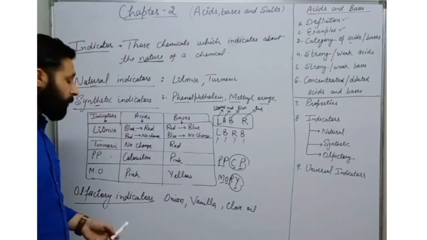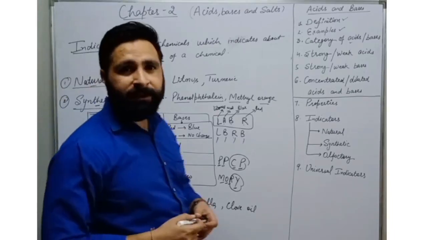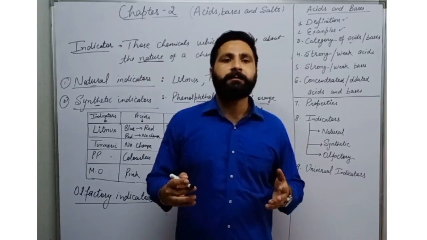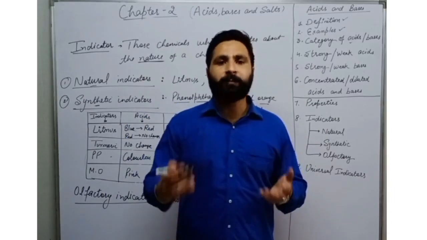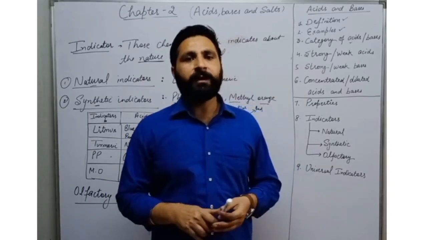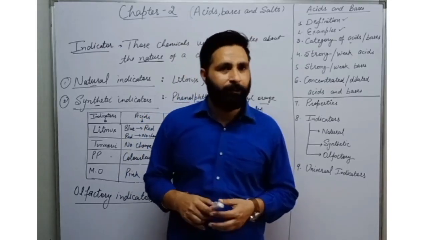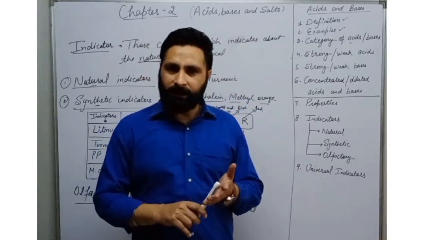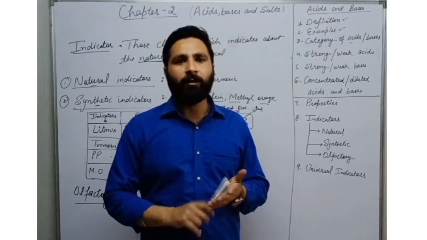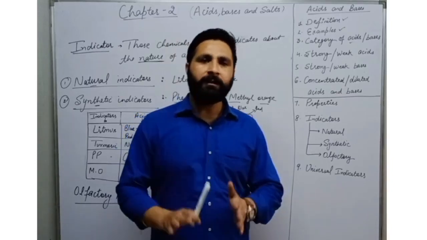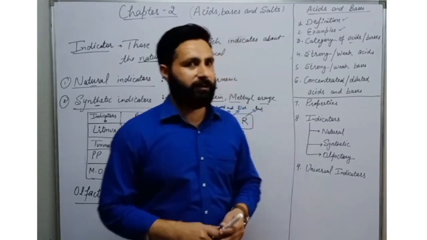So repeating again, olfactory indicators, those indicators which change their smell or odor in acids and bases. Examples are onion, vanilla, clove. Onion is the simplest and common example for that.